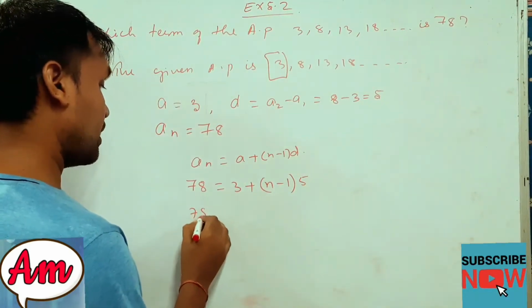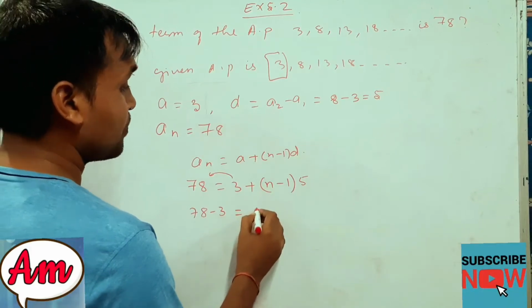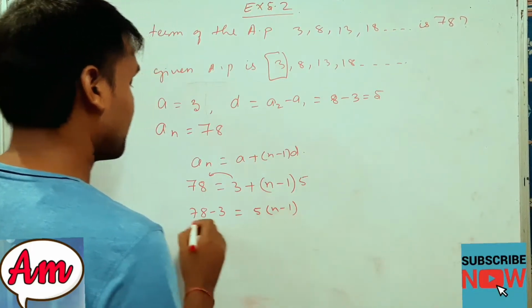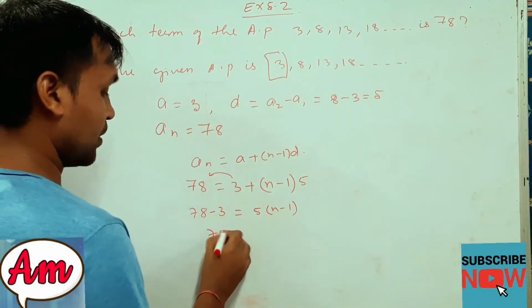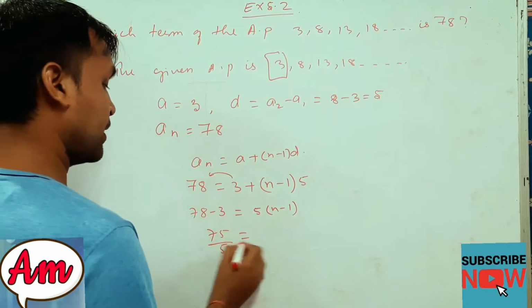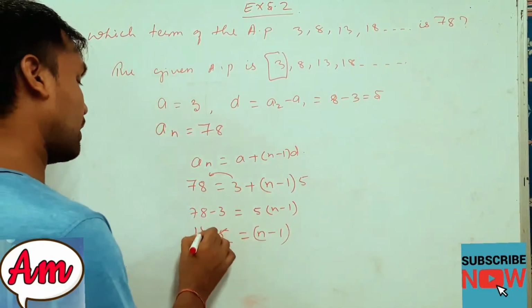So 78, this 3 you transfer this side, so it becomes minus 3, and then 5 into n minus 1. So 78 minus 3 is 75. This 5 is multiplied, if it comes this side then divide, so n minus 1 will come to 15.